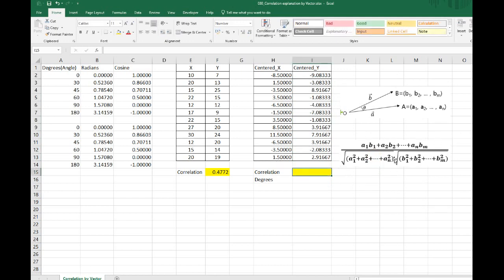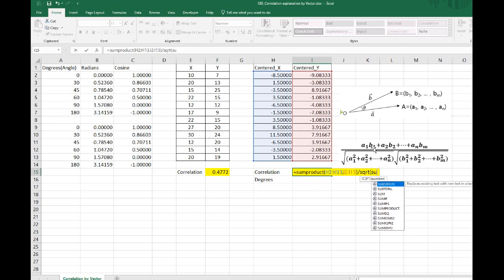For the numerator part we can use SUMPRODUCT of the first array, comma, the second array, and divide by SQRT of A1 squared plus A2 squared, etc. We can use the SUMSQ function, SUMSQ of this one, and multiply by SQRT of SUMSQ of this one.